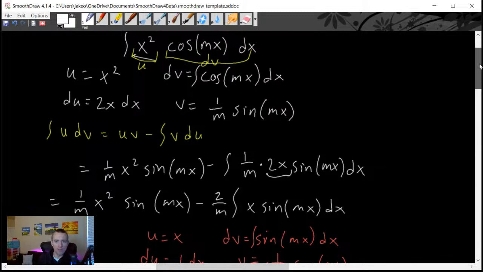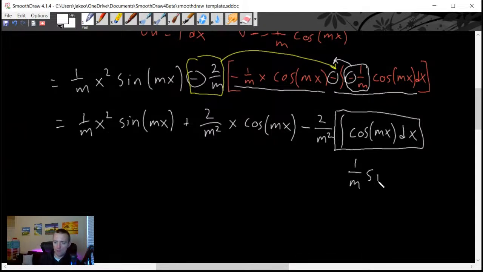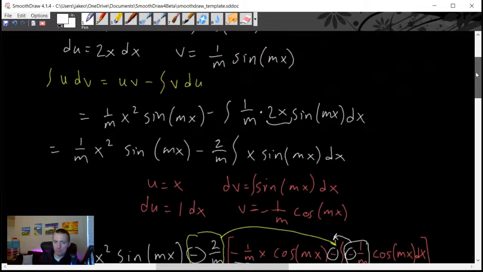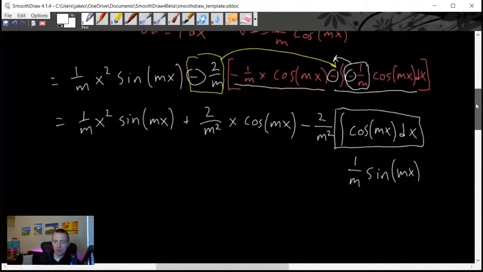Well, we already found out that the integral of cosine mx dx is 1 over m sine mx. So basically, this whole thing here is just 1 over m sine mx. We already figured that out the first time applying integration by parts.